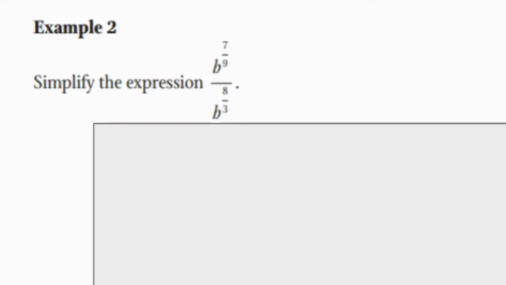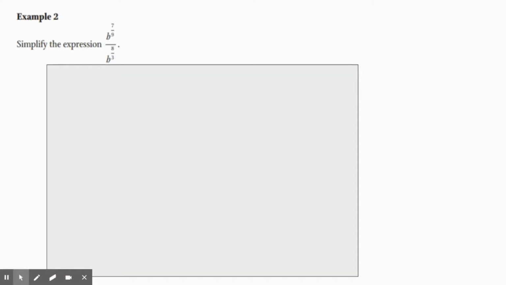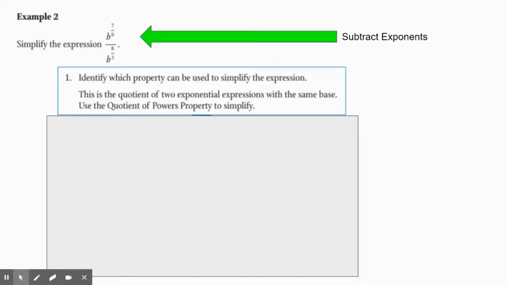Simplify the expression in example 2. Now notice they both have the same base again, of b. What's going to be different about this one is that we're actually dividing these numbers, where in the last one we were multiplying. So if we were adding the exponents in the last one, that means, you guessed it, we'll be subtracting the exponents here.